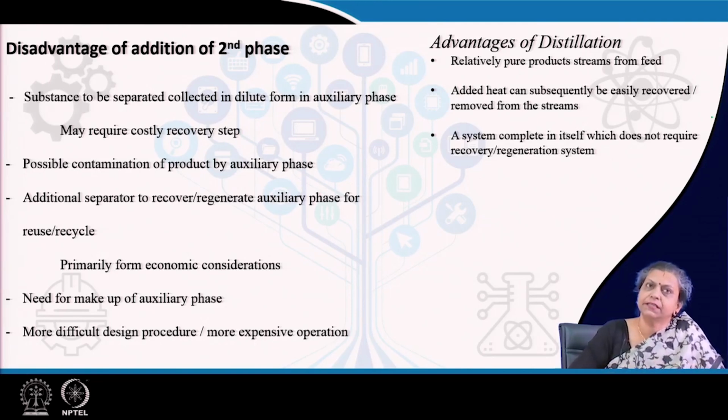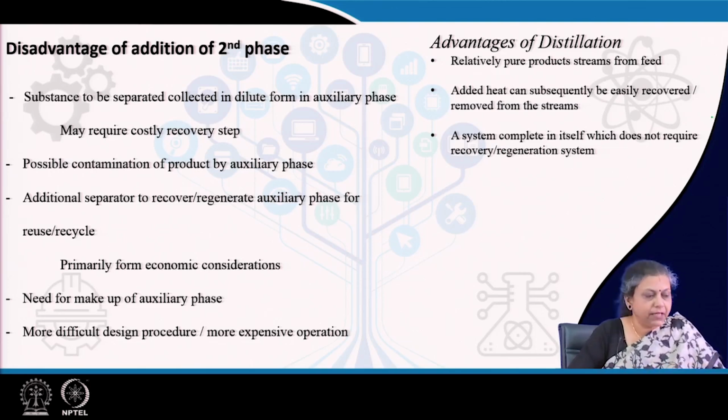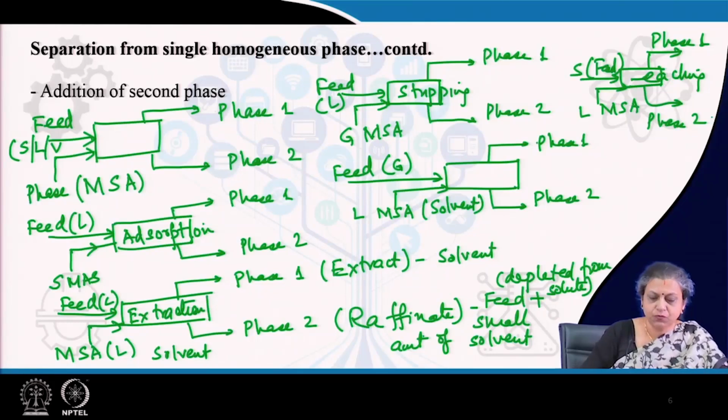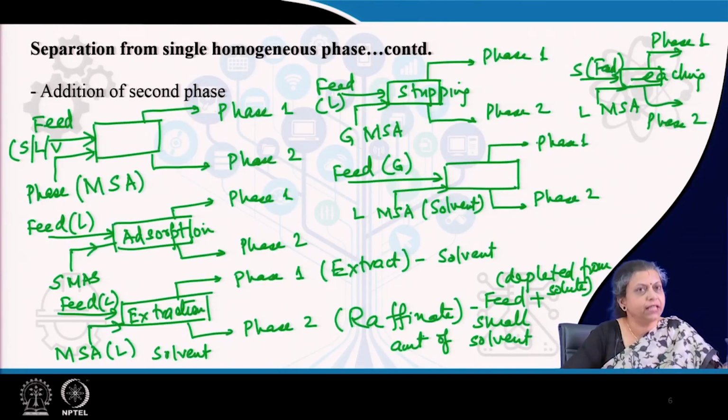There are certain things which you need to remember when you are adding the second phase. The component that you have removed from the feed is dissolved in, or in association with, the MSA.